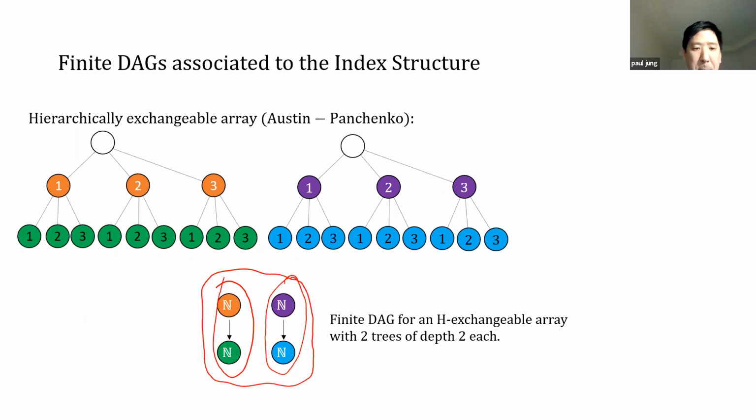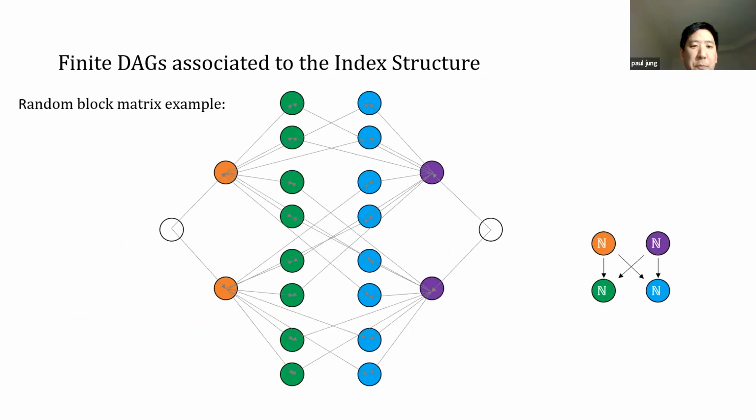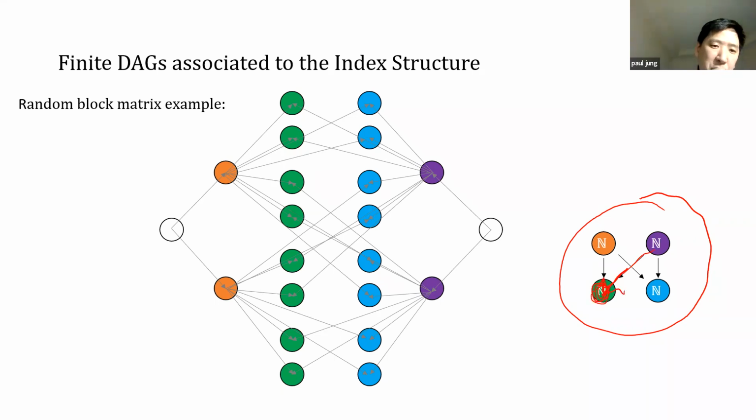And now, finally, I want to describe the DAG associated to the random stochastic block model, with the sort of invariance that I described in this picture before. The finite DAG here is this, because now we're subjugating this green to this purple. The way to think about it again is that originally we just had one sequence emanating from a single orange.